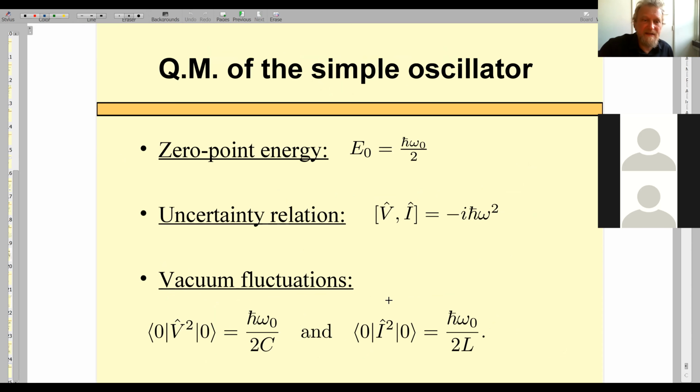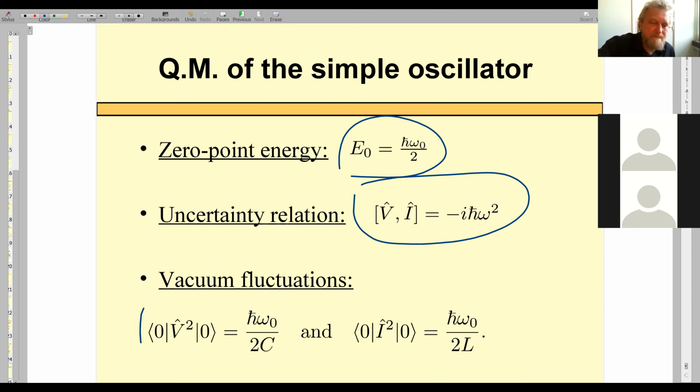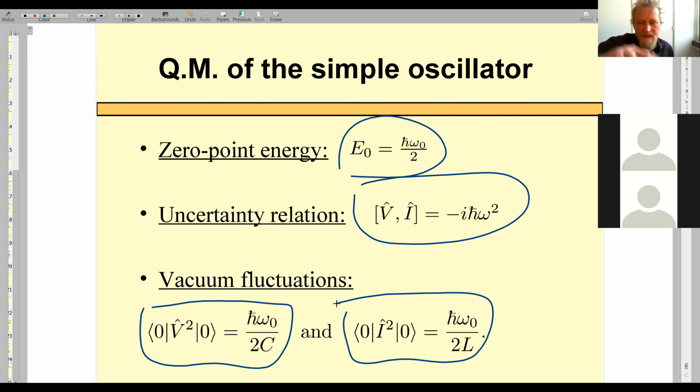I can estimate 0-point energy, and uncertainty relations. I can estimate vacuum fluctuations of charge, of current through an oscillator, of voltage fluctuations at the capacitor.